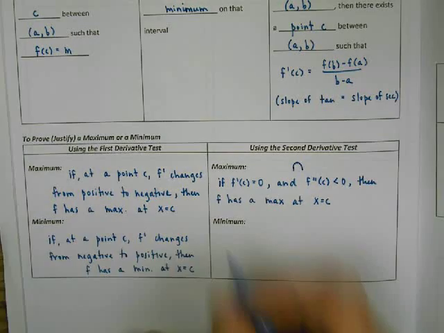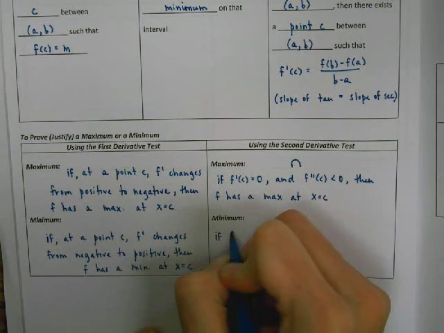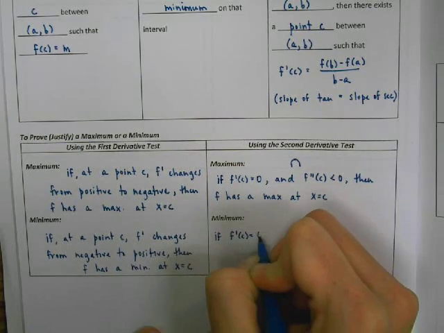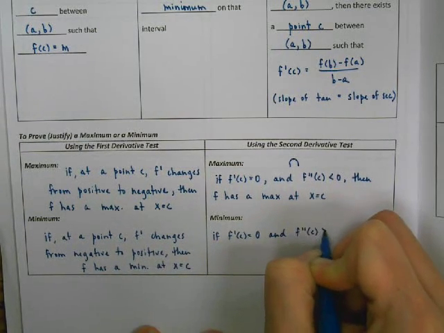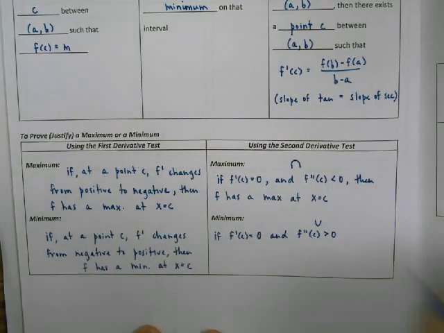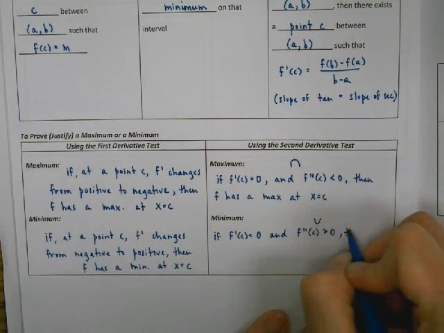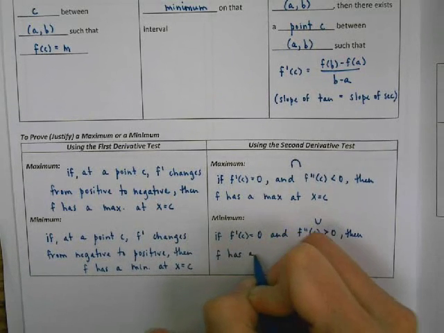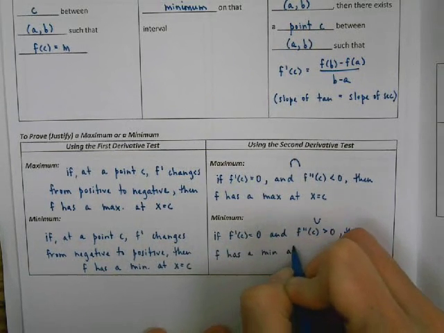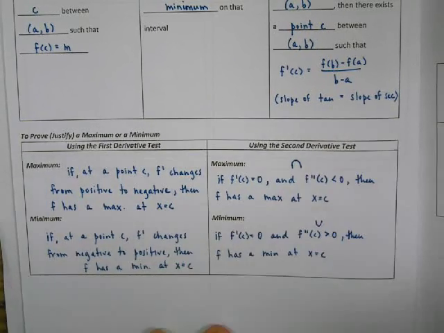which means that value has a max. So for a minimum, we say if f prime of c is equal to 0 and f double prime of c is greater than 0, so now I'm concave up, then f has a minimum at x equals c.